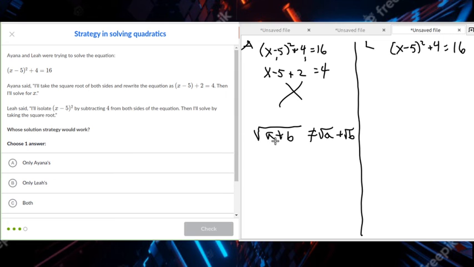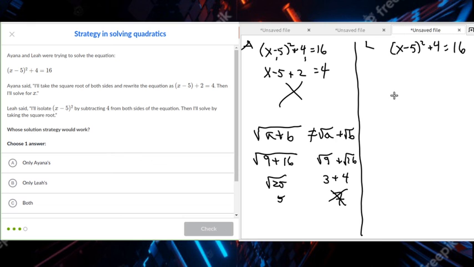And we can show that because I can say, let's see, if a is 9 and b is 16, then the square root of 25 is equal to 5. But the square root of 9 plus the square root of 16, that's equal to 3 plus 4, which is 7, and that is the wrong answer. So we can't do what Ayana did right here.